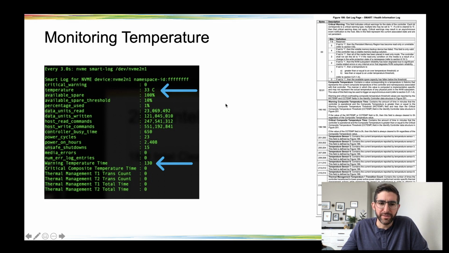So the drive was functioning correctly, it went over the critical temperature, and then the critical warning bit went off and told us. It also logged the time in minutes over here, the warning temperature time, about how long it was over the temperature. So again, there's lots of stuff in the smart log, but especially if you're doing large block sequential writes sustained for many hours, that's going to heat up the drive.